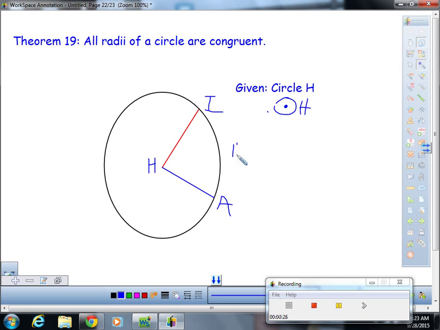So you could say that HI is congruent to HA, and your reason would be all radii are congruent in a single circle. Doesn't mean every radii in the whole world is congruent, but every radii within the same circle is congruent.